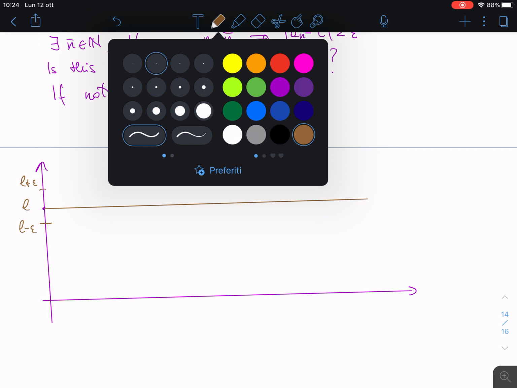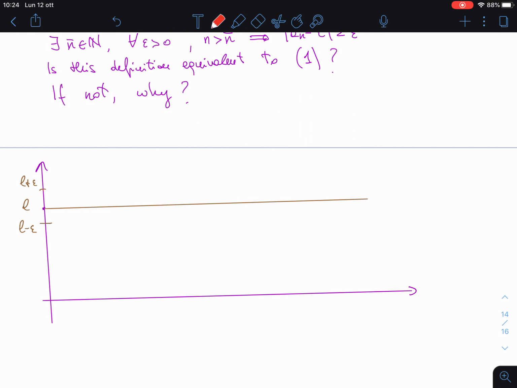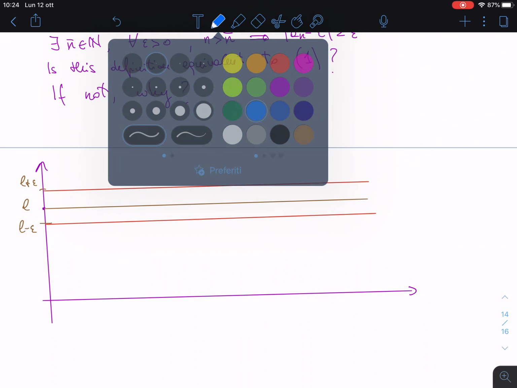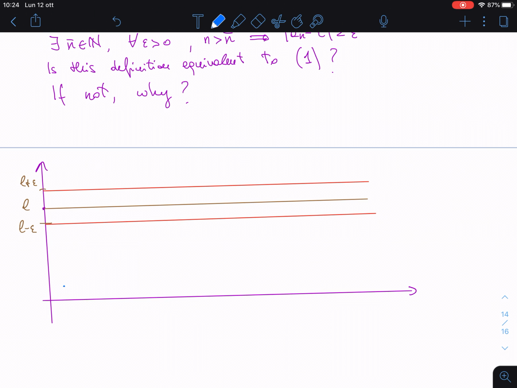And so what you construct here is a stripe of width 2 epsilon. Okay? So what you are saying is that the sequence can enter into the stripe and then go out, but sooner or later the sequence will enter the stripe and never get out.